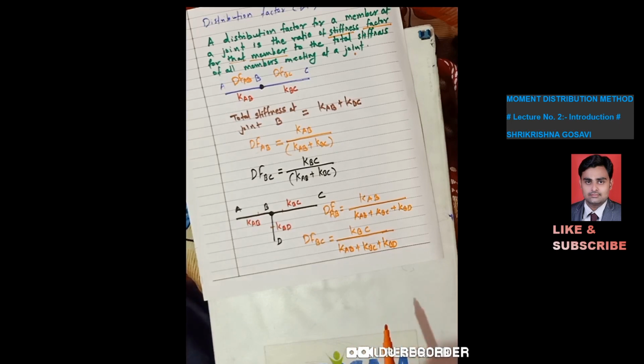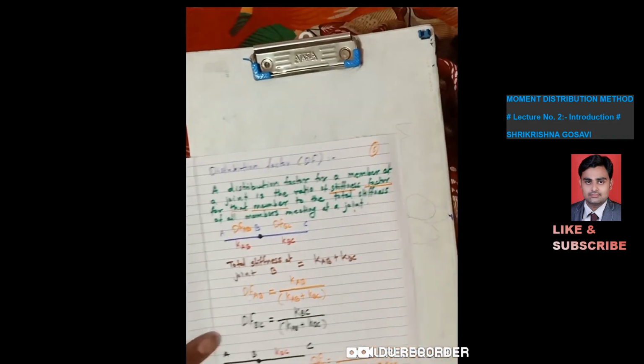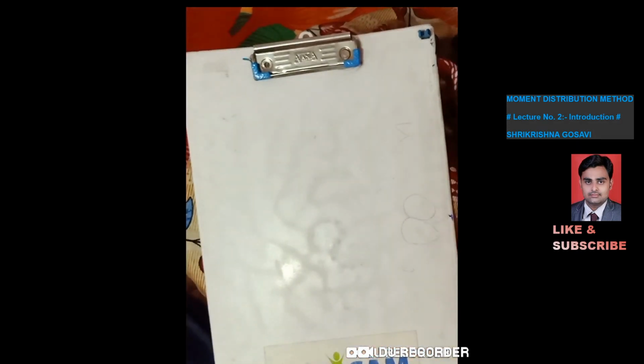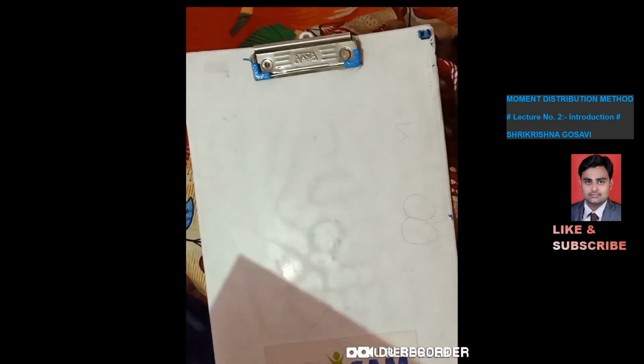Then there are some standard formulas for the fixed end moments of the beam. That also I will tell you in the next lecture of this moment distribution method. So, the summary of this lecture: the most important things we have learned.